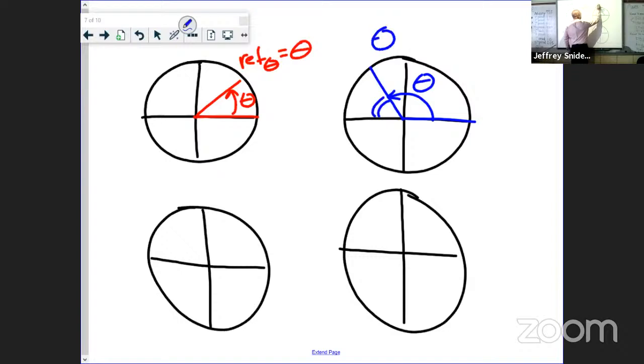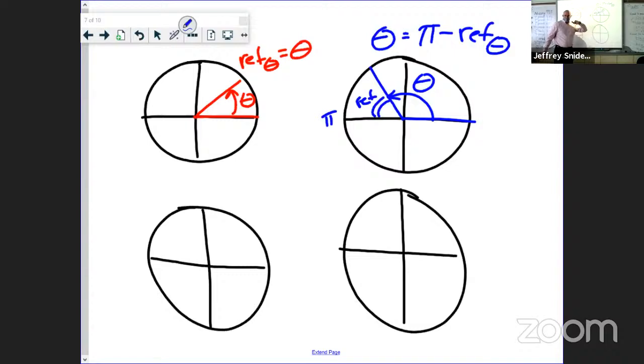So theta is pi minus the reference angle, because these two have to add up to pi. If theta plus reference equals pi, then theta is pi minus reference. That's all it is.